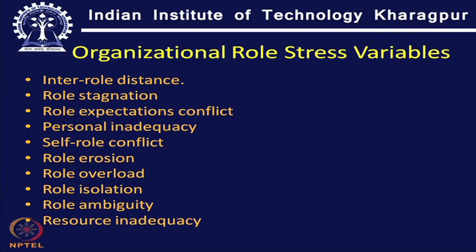In organizational role stress, the various things listed are, of course, inter-role distance, like whether there is too much distance between the two roles that you have to perform, or whether the roles are very much overlapping, and in one word, there is no role clarity, as the roles are not clearly defined and you do not know what to do exactly as a part of which role. So, inter-role distance could be a stressful factor.